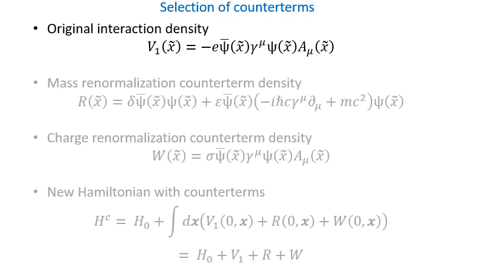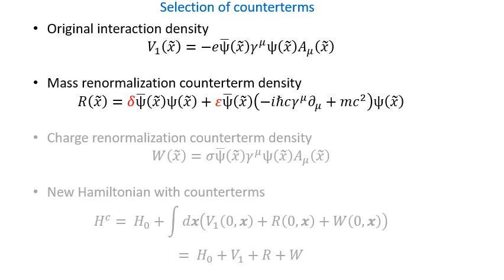Without further ado, I will simply show you how these counterterms look. For comparison, I remind you of the potential energy density that was used to construct the original QED interaction. R of x tilde is the counterterm density required to satisfy the mass renormalization condition.